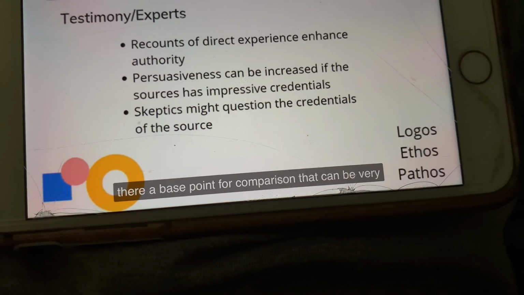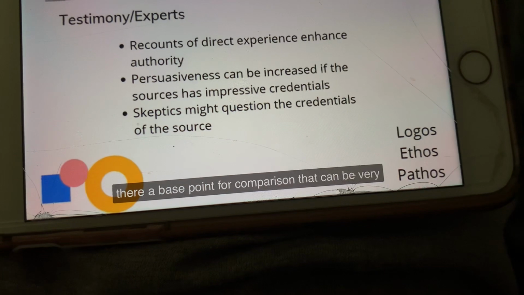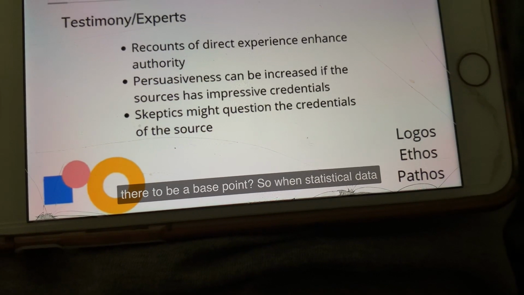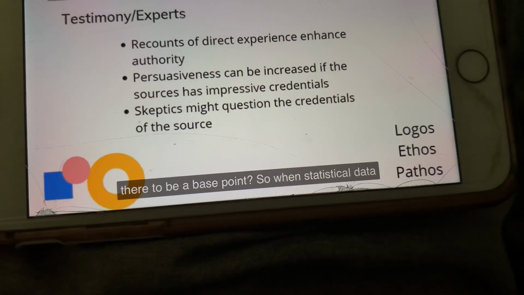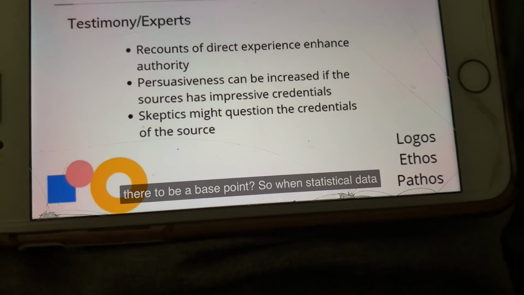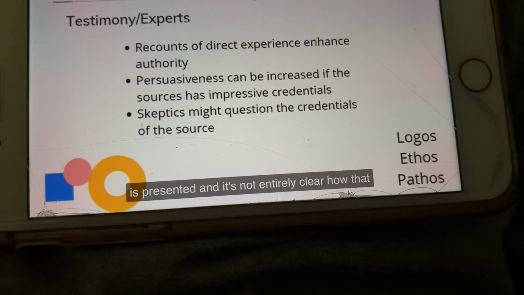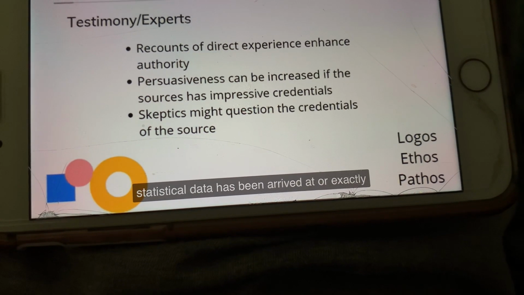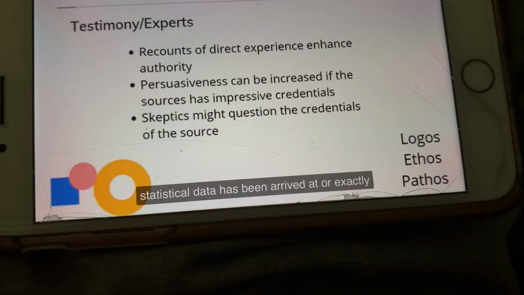Skeptics might raise questions about those credentials, however. So one thing to notice when encountering someone else's argument or in writing your own is presenting the background of the expert that you're including in your argument, for example.